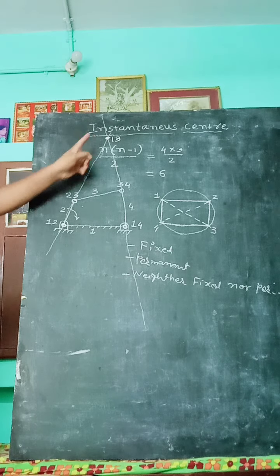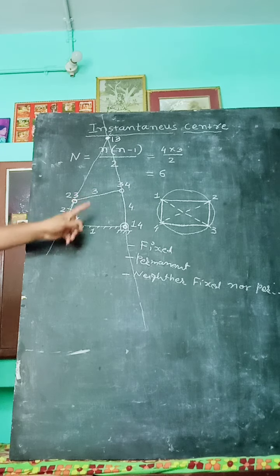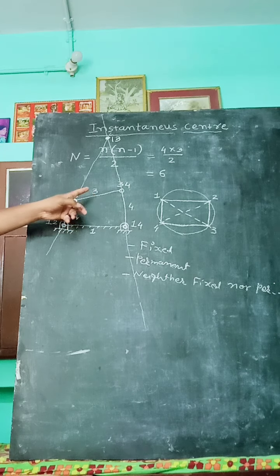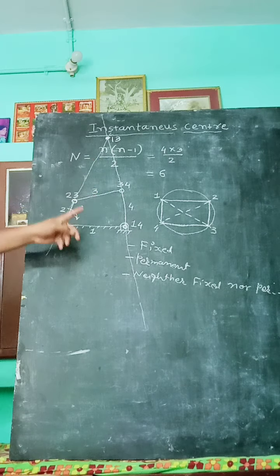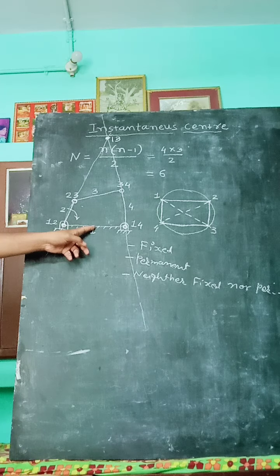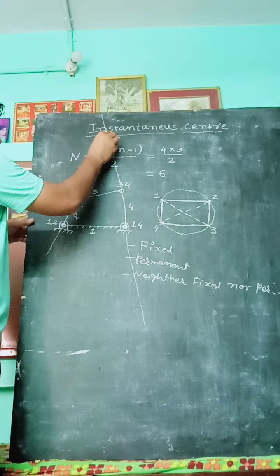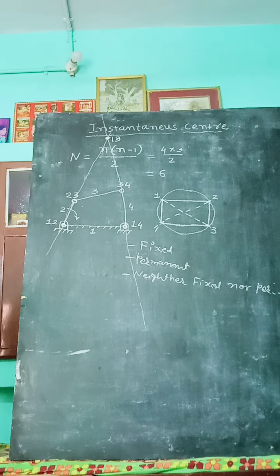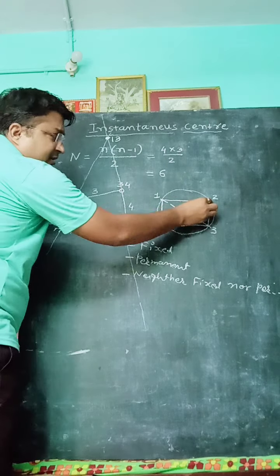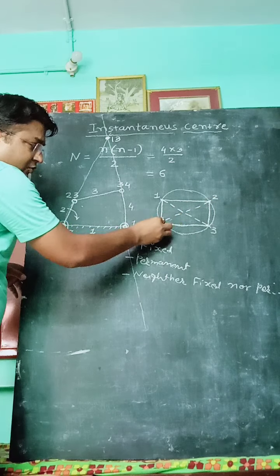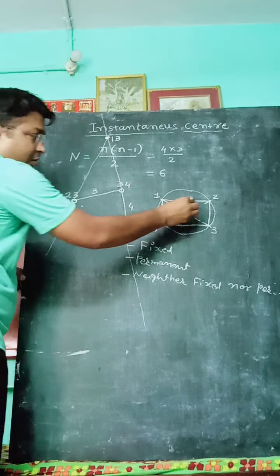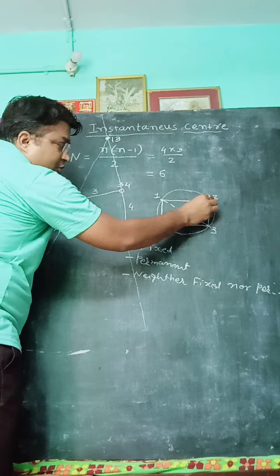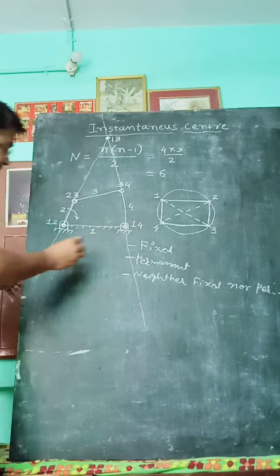So this link number 3 is going to rotate or oscillate with respect to link number 1 with the help of this instantaneous center. Now in the same way we can find out 2, 4 also. So for 2, 4, firstly the upper triangle part 1, 2 and 1, 4.